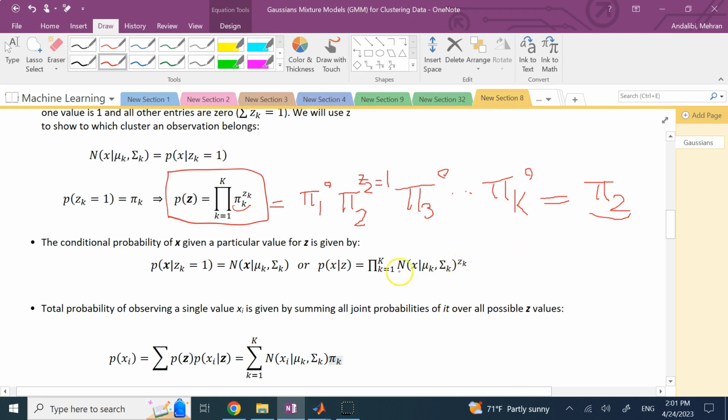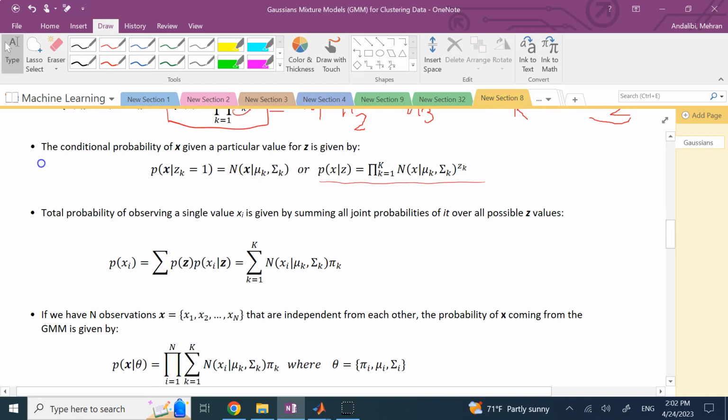And the one that is 1 is the designated class, right? So basically you get something like this one back. Okay, so this is what we call the likelihood function. The likelihood that the observation x is coming from class z, or in general the variable z here.